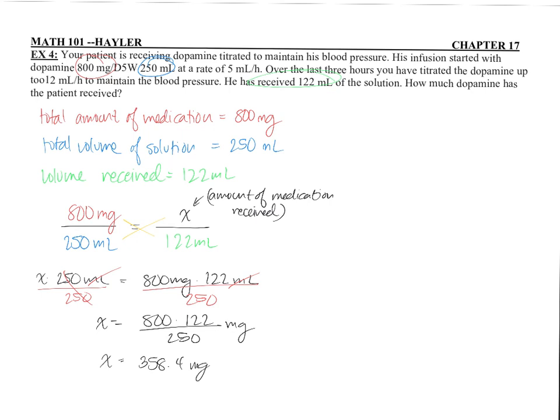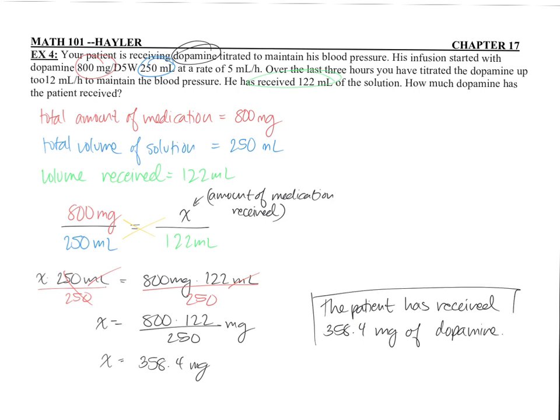Alright, so our answer is the patient has received 358.4 milligrams of, and what was he receiving? Dopamine. Period.